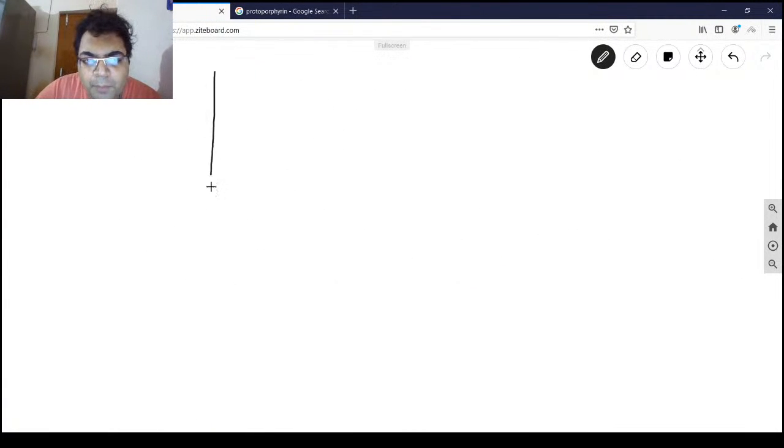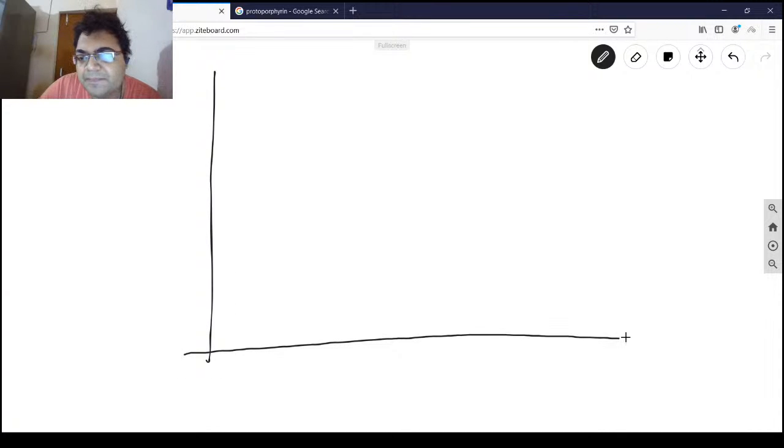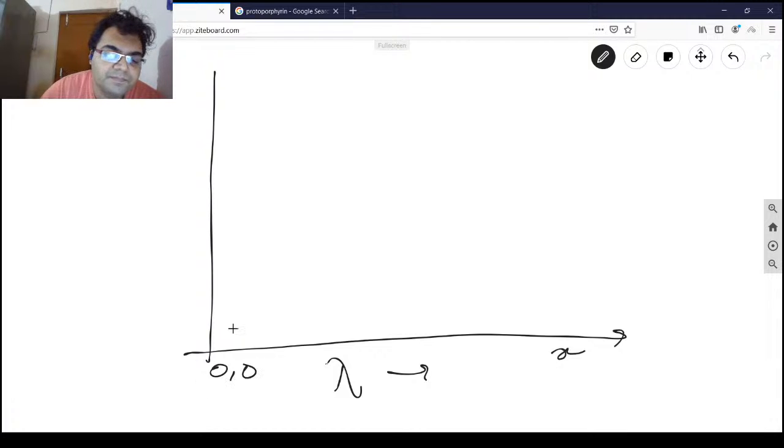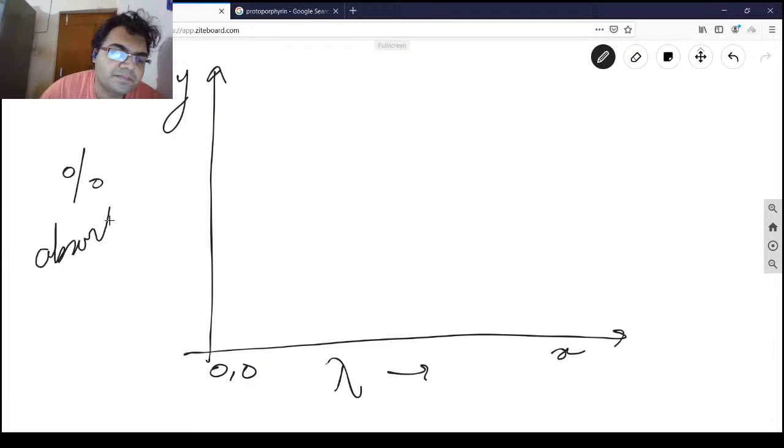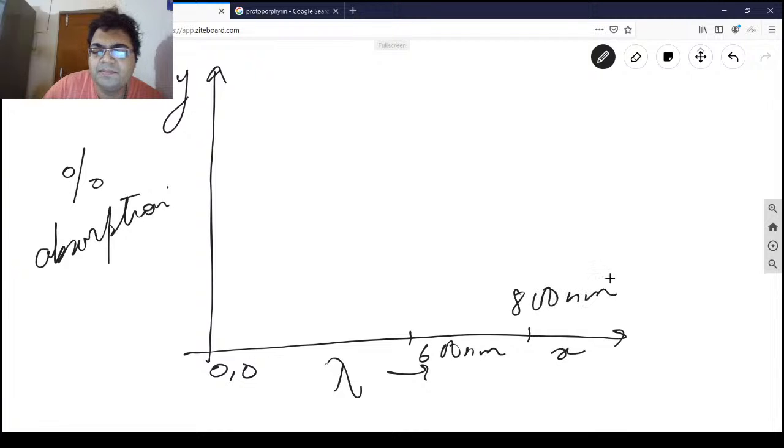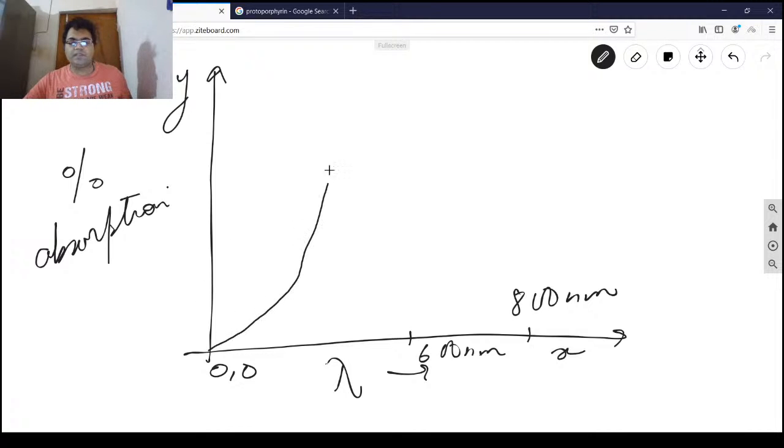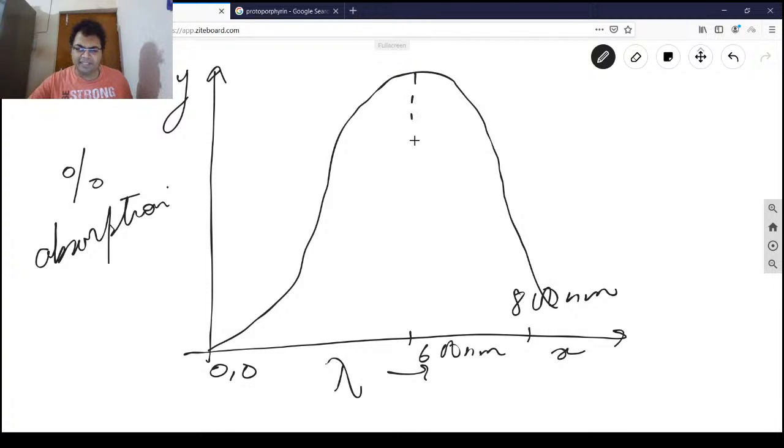So if we plot a graph between wavelength and percent absorption, suppose this is 600 nm, this is 800 nm, taking the visible spectra, and suppose the curve comes like this. This is the peak, and the peak coincides with the 600 nm mark.